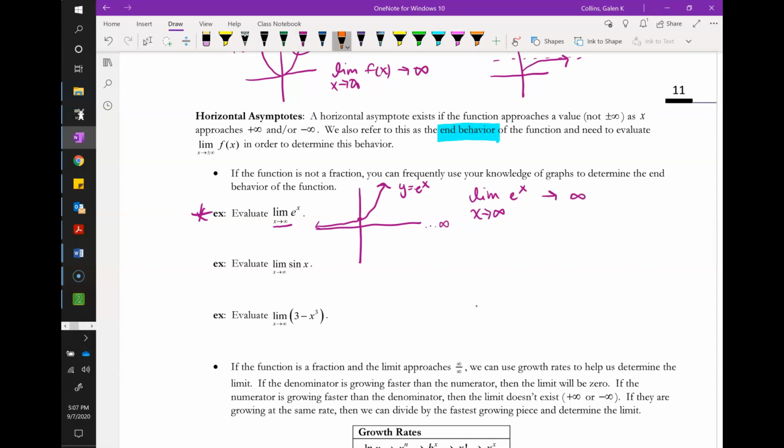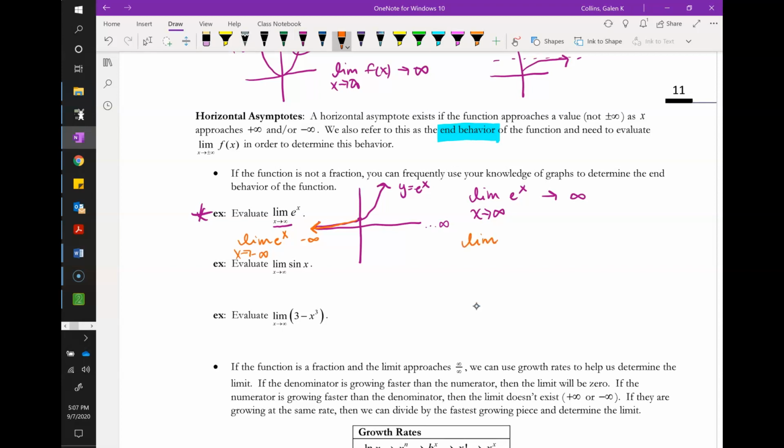Let's pretend though, that we were asked this question instead. The limit of e to the x as x approaches negative infinity. So if I'm now going this direction towards negative infinity, I do need to know that I have a horizontal asymptote there at y equals 0.